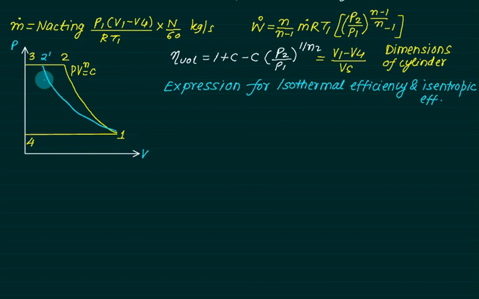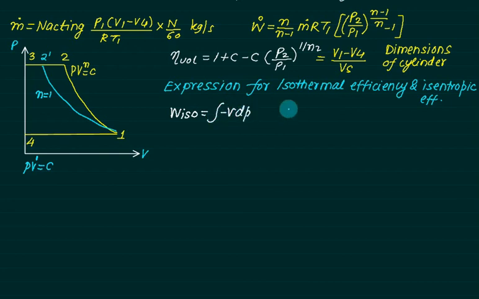1 to 2 dash is the isothermal process, and for the isothermal process the index n equals 1, represented by PV equal to constant. The area under this diagram we can find out as W iso, which equals the integral of minus VdP.